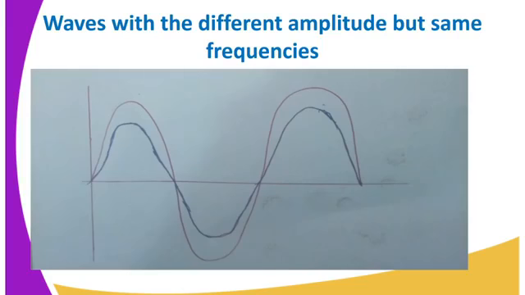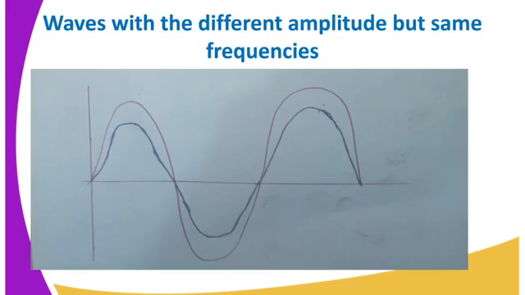On the other hand, I want us to look at waves with different amplitudes but the same frequencies. Looking at the two waves, their maximum displacement on either side should be different. We have the wave motion in blue and the wave motion in red.